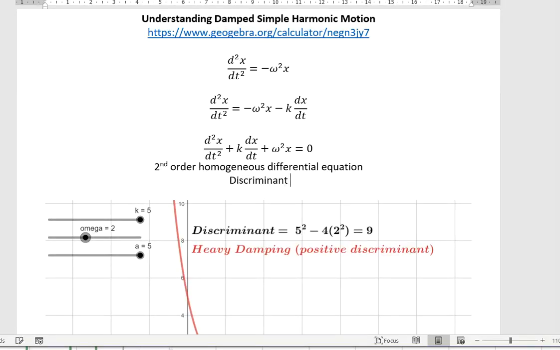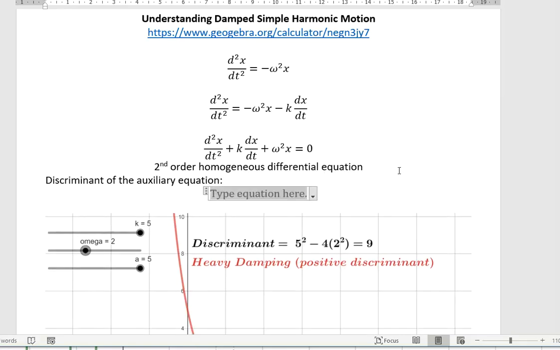If we look at the discriminant of the auxiliary equation, in this case, because the auxiliary equation is lambda squared plus k lambda plus omega squared. Now remember, lambda is just the arbitrary variable we've made up, you could use m or something if you like, that's the one that the auxiliary equation is based on. So this thing is the auxiliary equation itself.